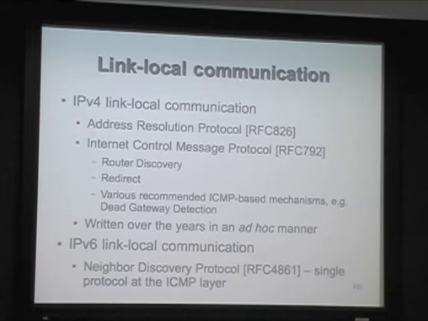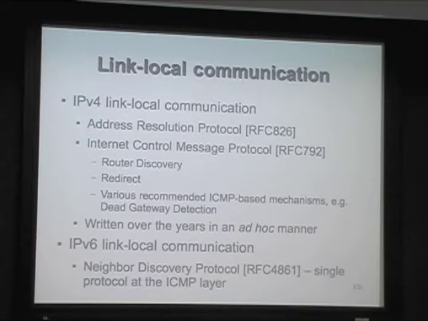That's basically because link local communication in IPv4 was specified over many years in an ad hoc manner, and that was a good lesson for IPv6. So in IPv6, people decided to write a single specification, a single protocol to cover all these protocols that we use in IPv4. And that's basically neighbor discovery protocol.